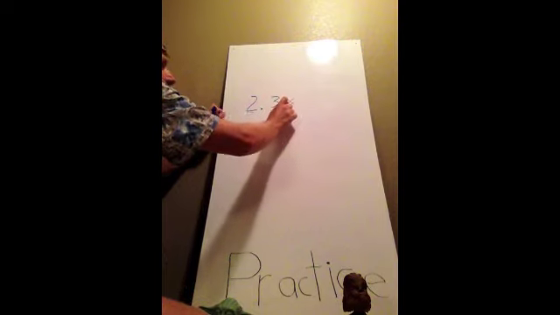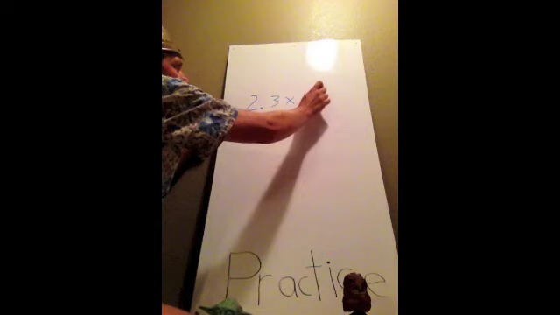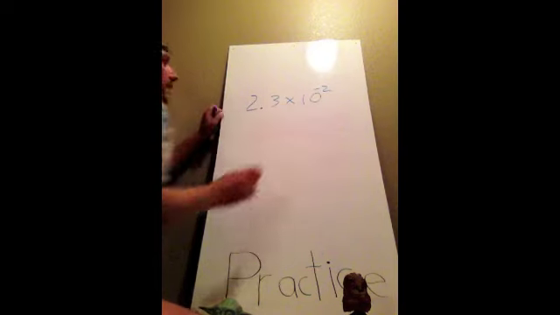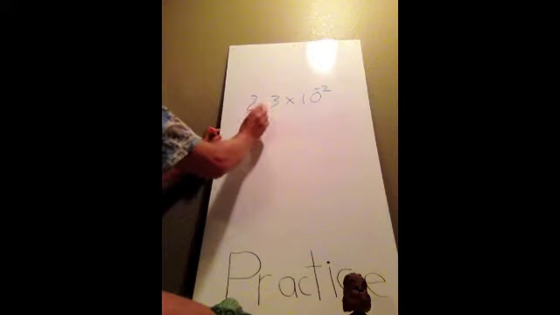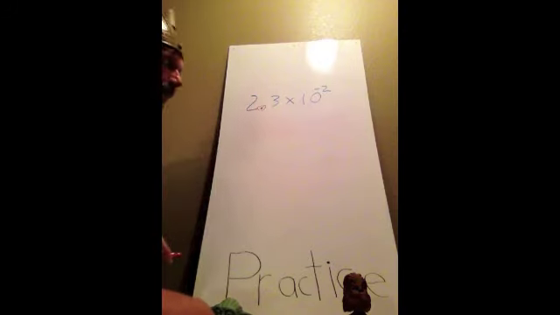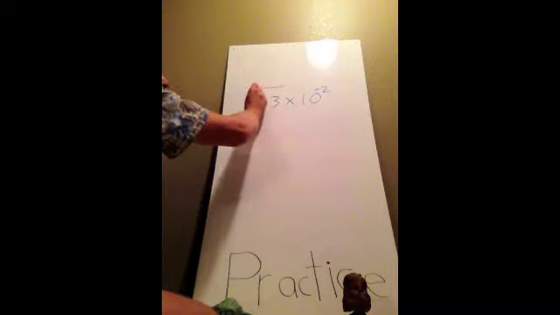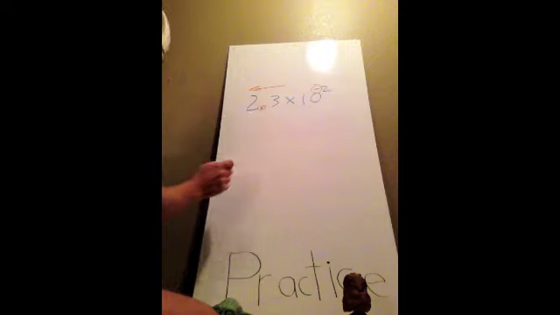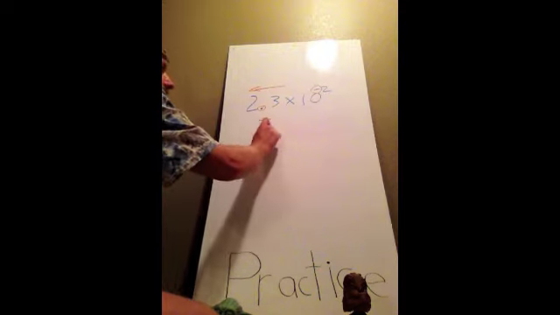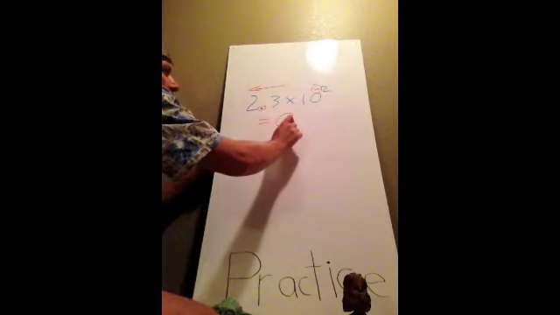2.3 times 10 to the negative 2. We're going to move this decimal point which direction? Because it's negative, right? So this equals 0.